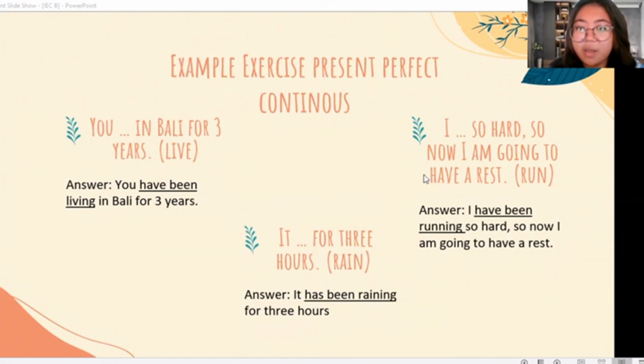Okay, number 3. I blah blah blah so hard, so now I'm going to have a rest. The answer is I have been running so hard, so now I'm going to have a rest, because I ran quite long, so I need to have a rest.